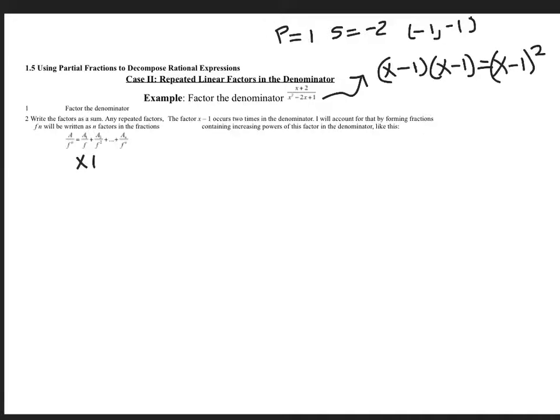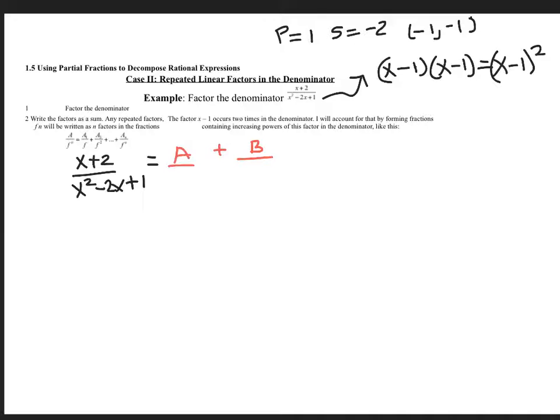I have x plus 2 over x squared minus 2x plus 1 is equal to, I'm going to introduce the a and b, but now I need to know what to write in the denominators.